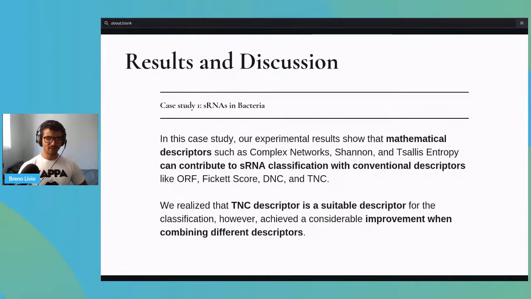And we realized that the TNC descriptor is a suitable descriptor for the classification, as our reference already did. However, we achieved a considerable improvement when combining different descriptors.